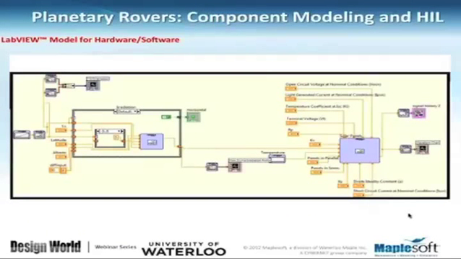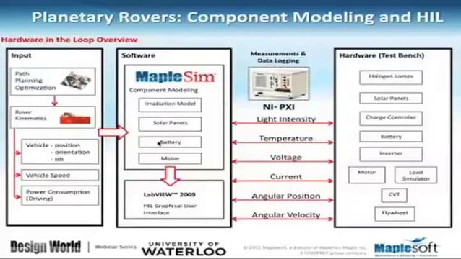Now, this is a LabVIEW model. However, the boxes shown in blue, this one and also the other one on the left-hand side, are those blocks that have been generated through Maplesoft. And by putting those into this diagram in LabVIEW and adding all other components, we should be able to do real-time or hardware-in-the-loop simulation.